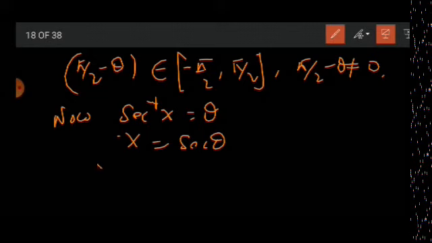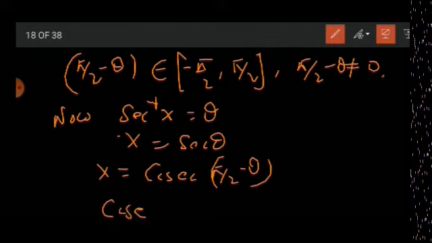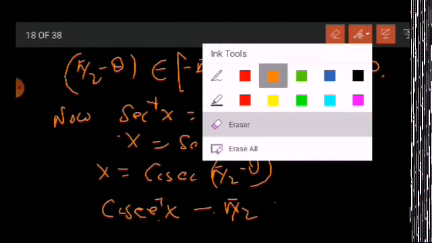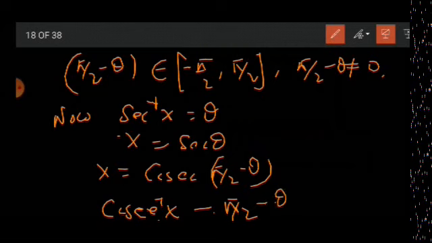If x is sec theta, then some students can recall that x equals cosec of pi by 2 minus theta, correct? So now make it cosec inverse x. Cosec inverse x equals pi by 2 minus theta.